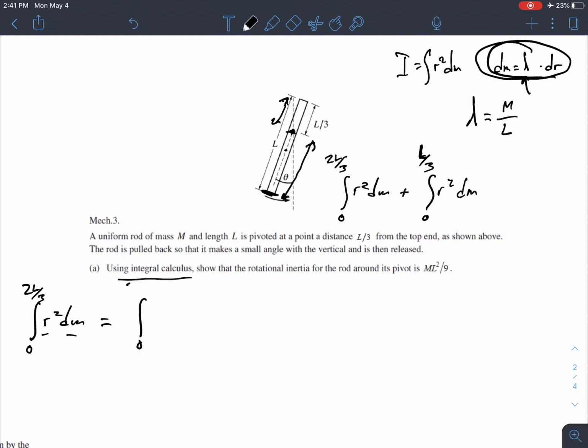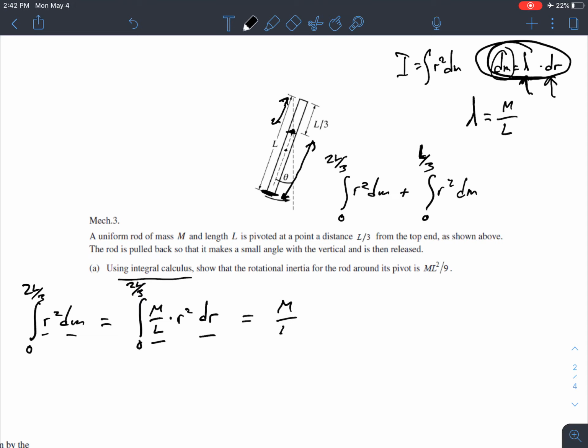This integral turns into the integral from 0 to 2L over 3 of m over L times r squared dr. So the dm turned into those things. Why? Because the dm always turns into the linear mass density times dr. That's the trick.